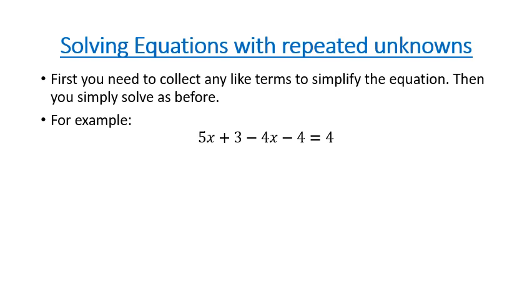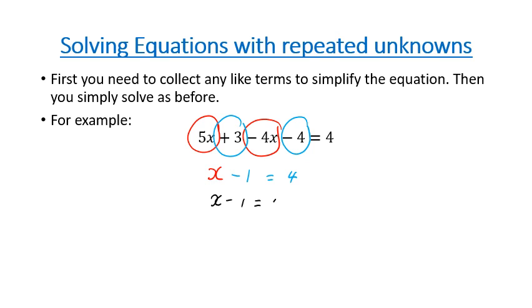So, as an example, here's a 5x minus a 4x. 5x minus 4x is simply 1x, or just x. Plus 3 take 4 is actually minus 1. And we know all of this equals 4. So, if we rewrite this, we've got x now minus 1 equals 4.